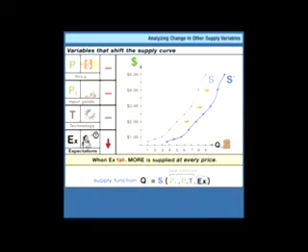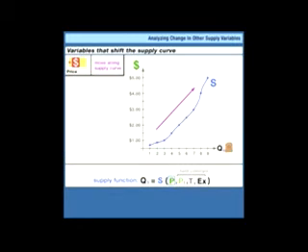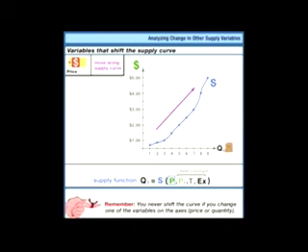Remember the rule, you never shift a curve when you're changing one of the variables that's on the axis. If you're changing price and quantity, you're moving along the curve. However, if we change some of the other factors that are held constant when we draw the curve, we have to redraw the curve, or shift it. In the case of input prices, higher input prices reduce the profits of the baker and lead to a decrease in supply.